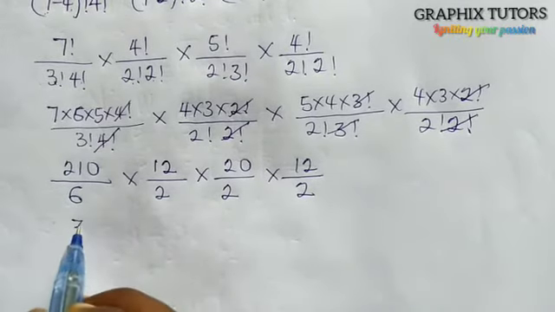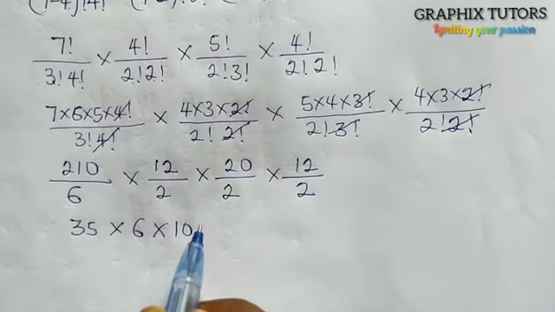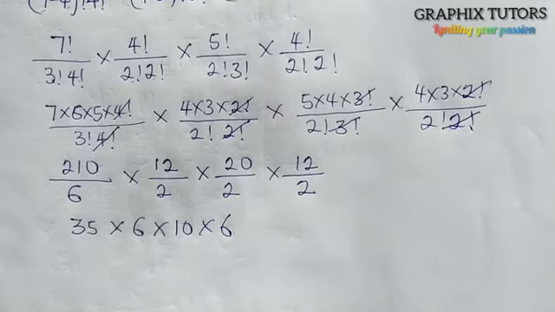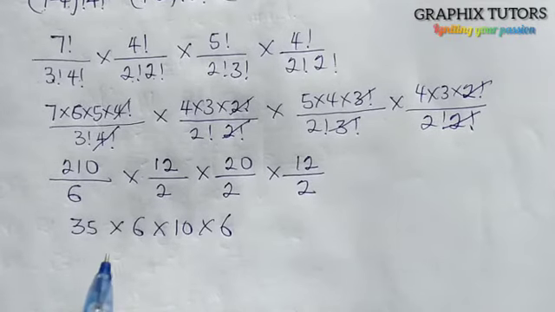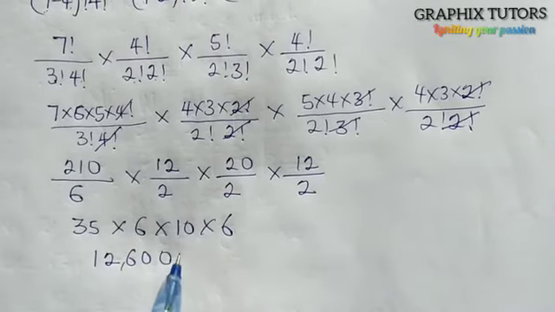So we have 35 here, multiplied by 6, multiplied by 10, multiplied by 6. So 35 times 6 times 6 times 10 will give us 12,600. So this is 12,600 ways.